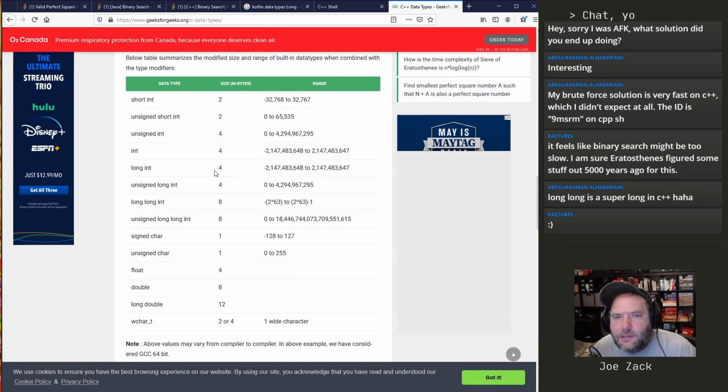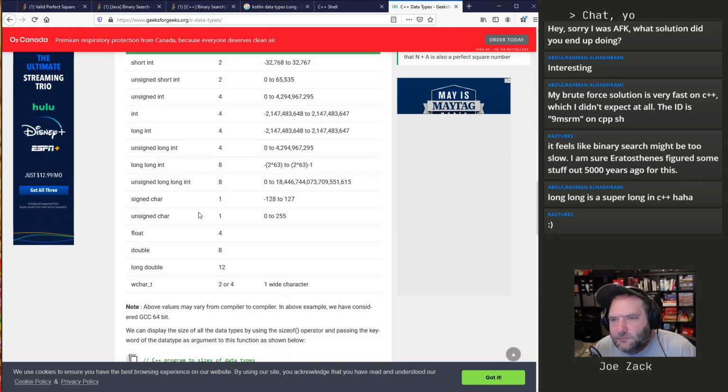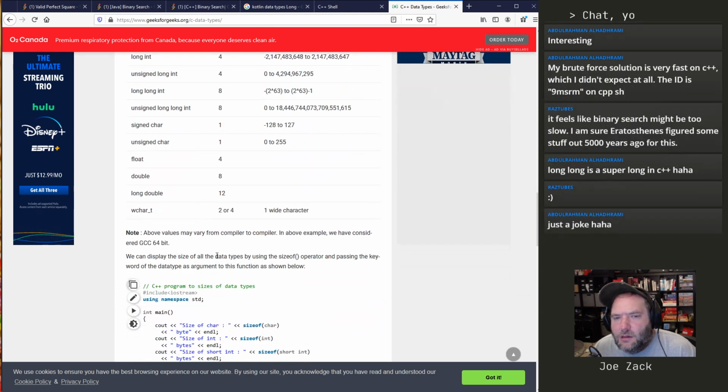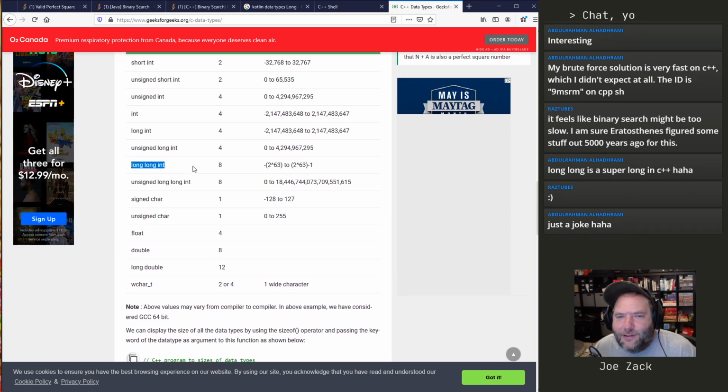They have long ints. That's cool. So why is an int and a long int the same? Yeah, I thought about going unsigned integer, but then it would have made it harder to detect overflows. That's bad. That's funny. Long int.